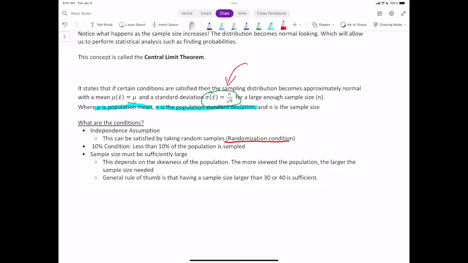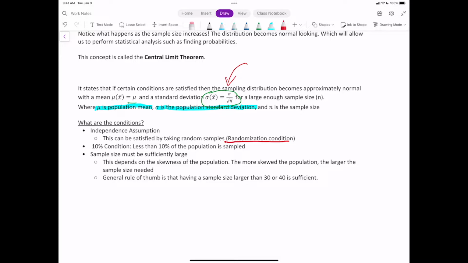Also, the 10% condition, which should look familiar from the last video. We should be sampling less than 10% of the population. If we sample too much of the population, we're going to get into some dependent situations. And lastly, we need a sample size that is sufficiently large.